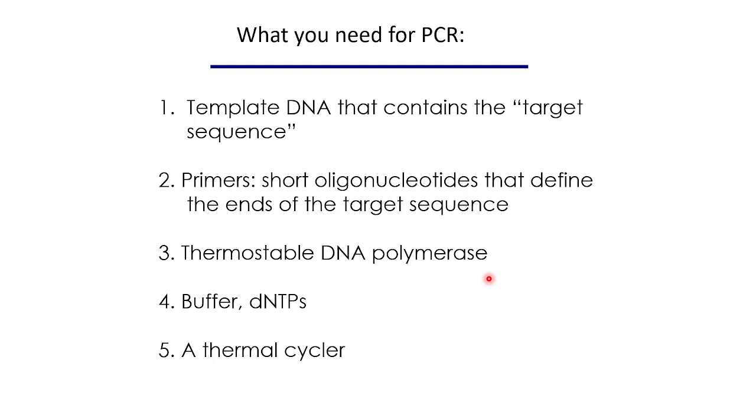The primers are short oligonucleotides that define the ends of the target sequence. The buffer includes magnesium ions for carrying out this polymerase chain reaction. And we need a thermal cycler to vary the temperatures and carry out the different cycles.